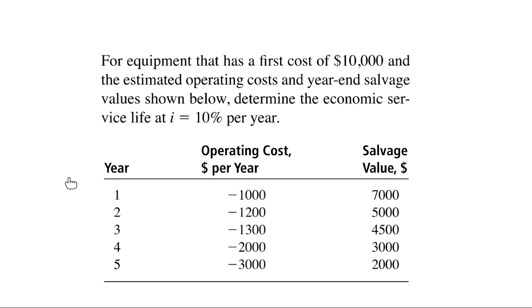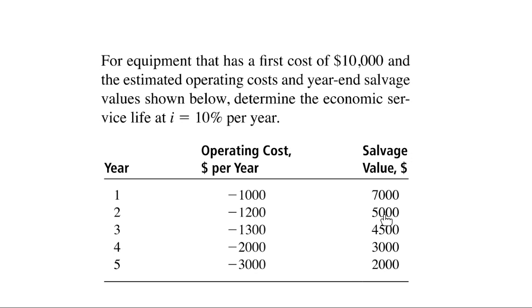When you move through the years, you have to consider the cumulative operating costs. For example, if you are calculating the annual worth for year 2, you have to consider the operating cost for year 1 in addition to the operating cost for year 2, and the salvage for year 2 as well.